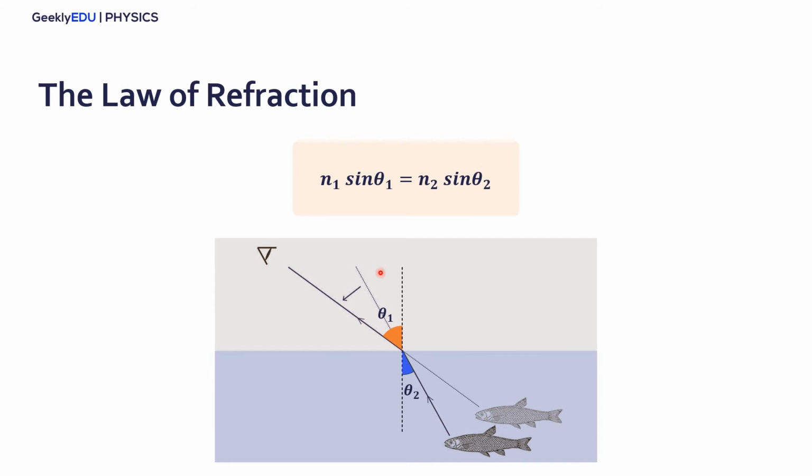So we have the index of refraction of the air times the sine of the angle it hits the water equals the index of refraction of the water times the sine of the angle it hits the air. Actually, here it's the opposite, right? We have our light ray coming from the water, and when it passes through the air, we have another index of refraction and a different angle. So basically we're just relating the indices of refraction and the angles.